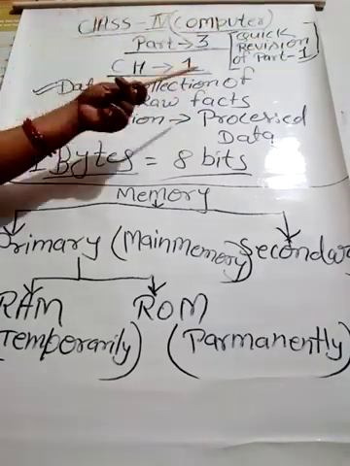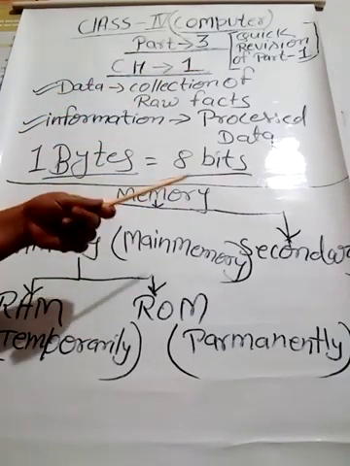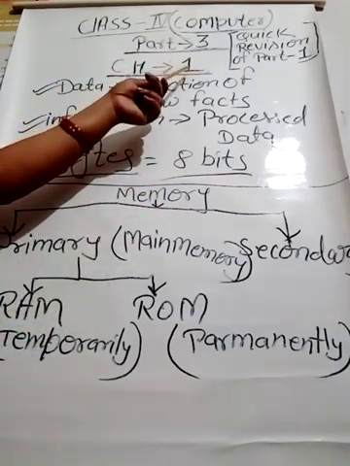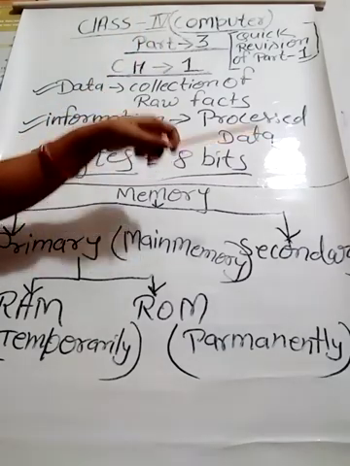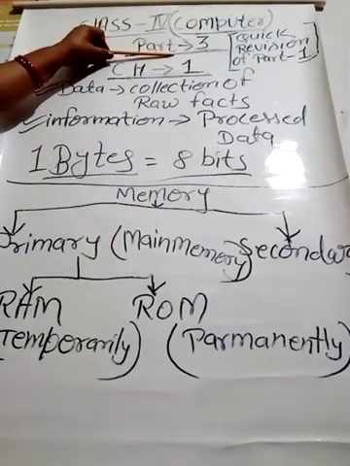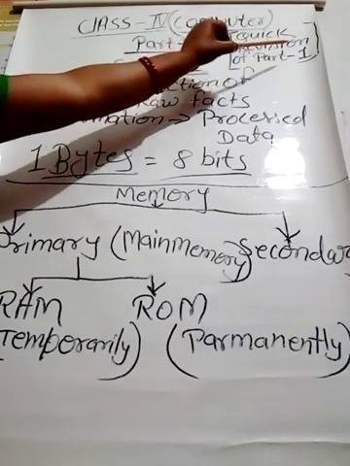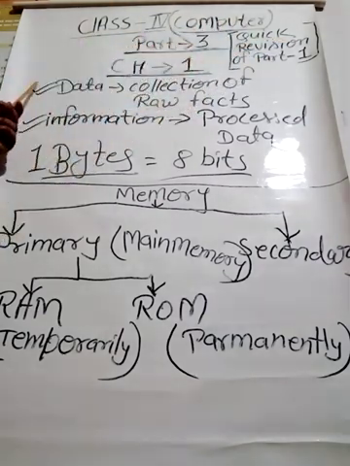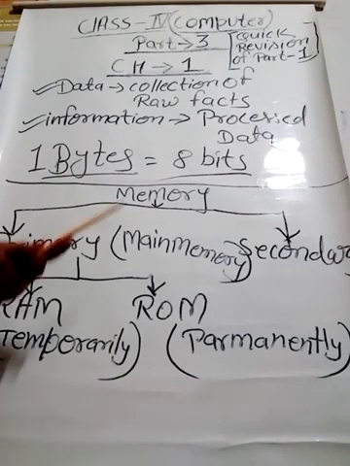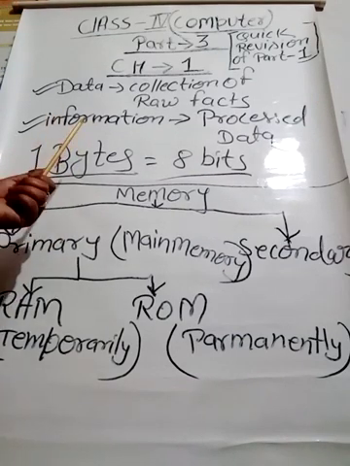In part 2 I have completed that chapter, lesson 1. So in this part 3 video it is for the quick revision of part 1 video. If you remember, in part 1 video we have learned about the classification of memory.